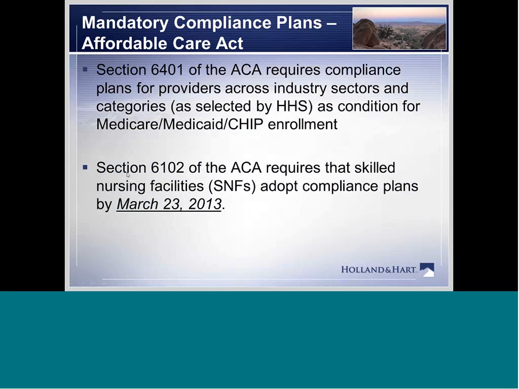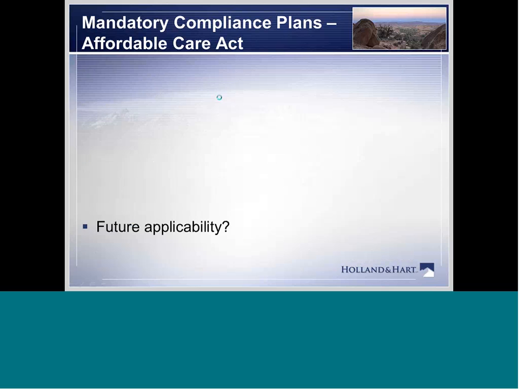And there was a specific section that also required skilled nursing facilities to implement and adopt their plans by March of 2013. So that's now been in effect for several years. The implementing regulations for the Section 6401 requirement were not issued, so that requirement still stays somewhat in flux.